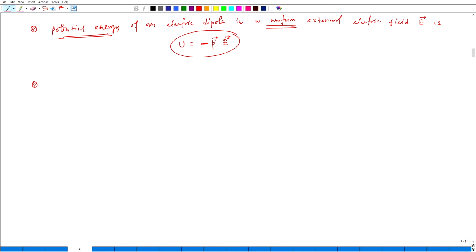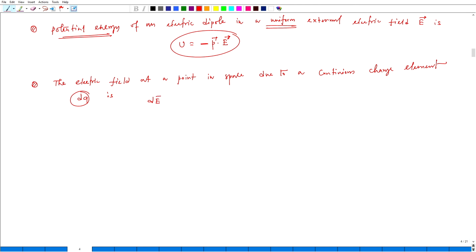The electric field at a point in space due to a continuous charge element dq is dE vector = 1 over 4 pi epsilon naught, dq over r square, r cap. I am just writing the formula, and we will use it to solve some problems later.